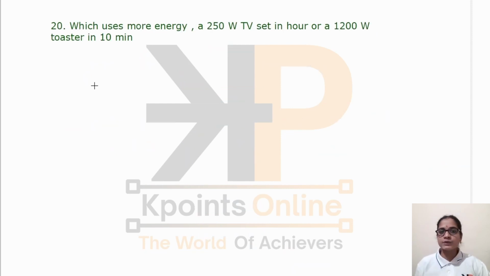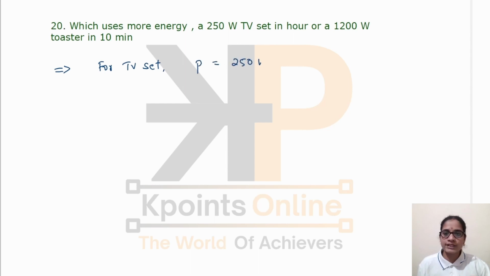Question is: which uses more energy? A 250 watt TV set in an hour or a 1200 watt toaster in 10 minutes. First let us calculate the energy consumed by the TV set. For the TV set, P is equal to 250 watt. It is equal to 250 upon 1000 kilowatt.